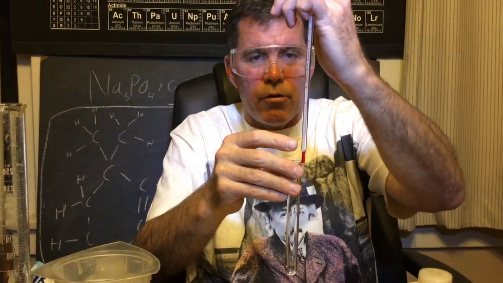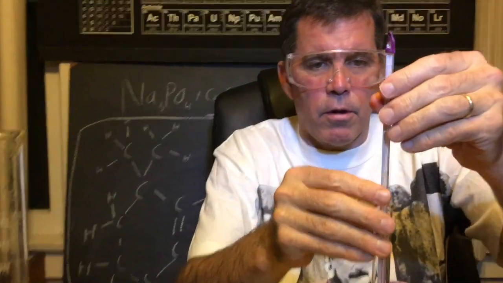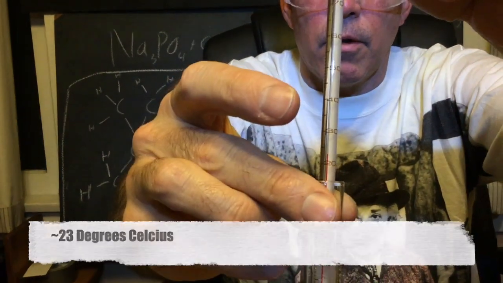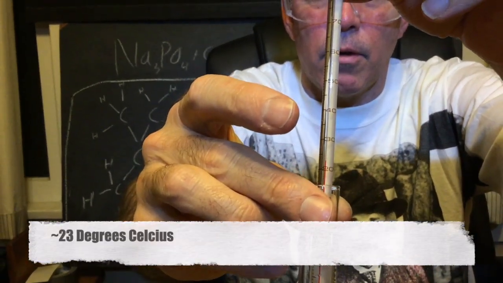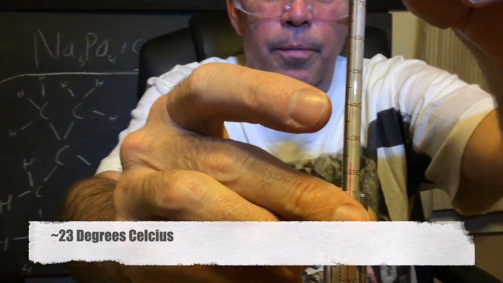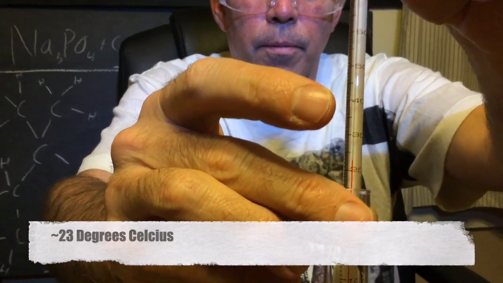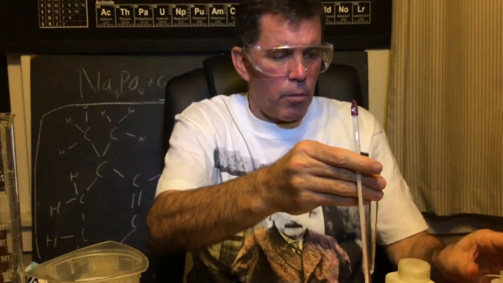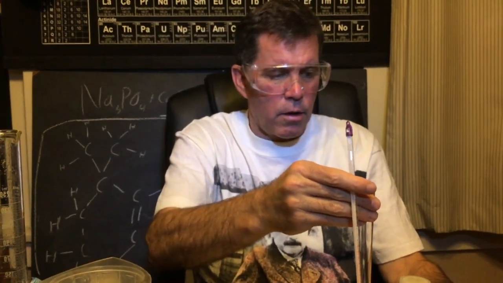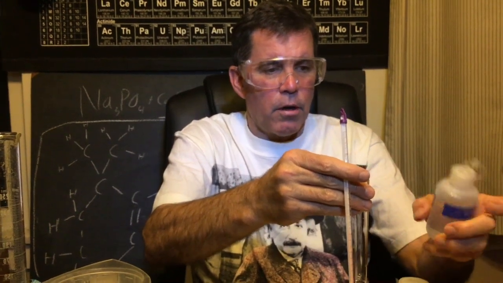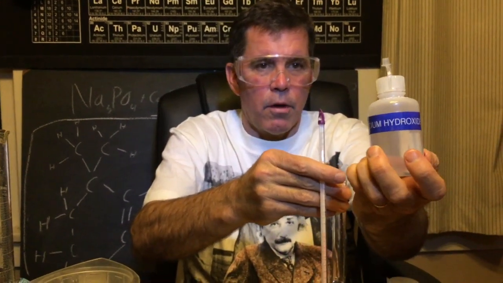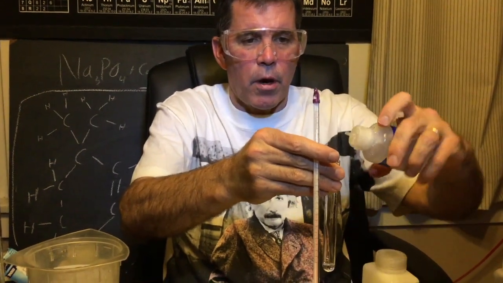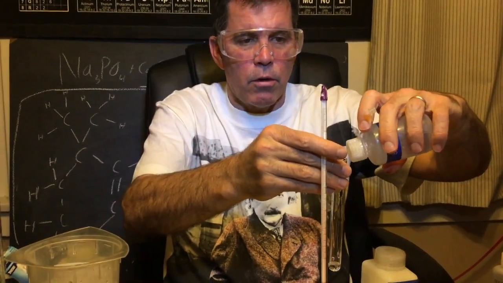I'm going to let you measure the temperature. Now I'm going to add sodium hydroxide. And we're going to see if there was a reaction as evidenced by a change in temperature.